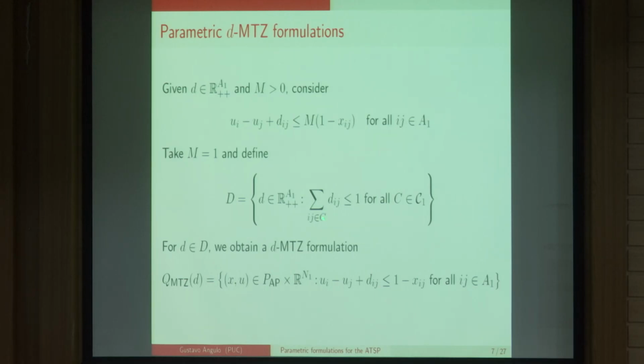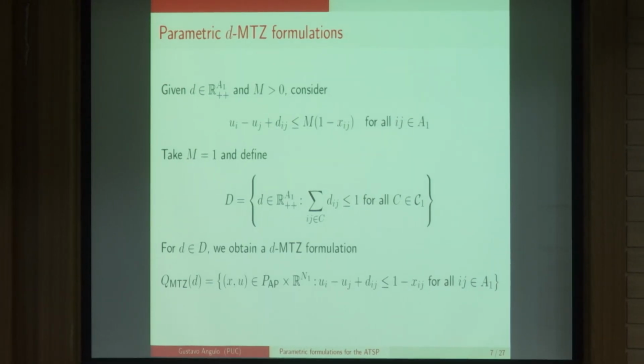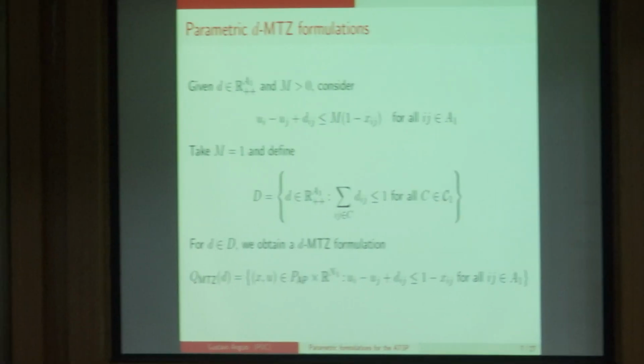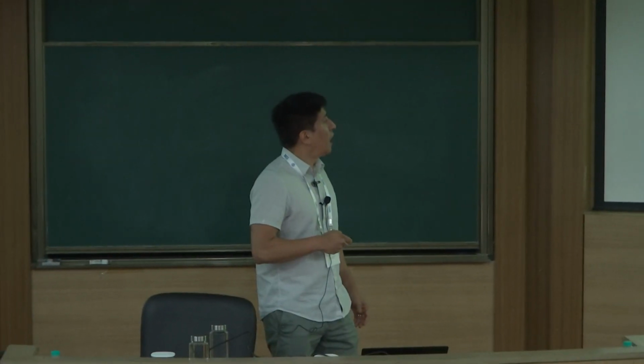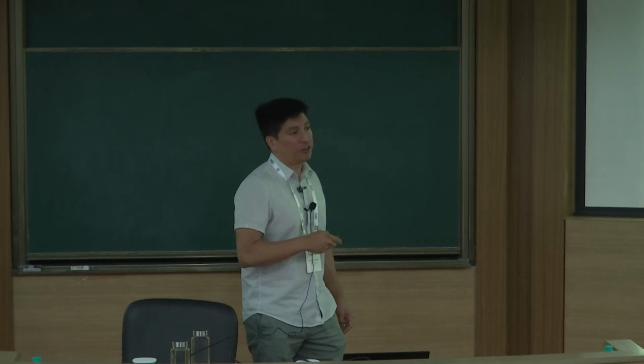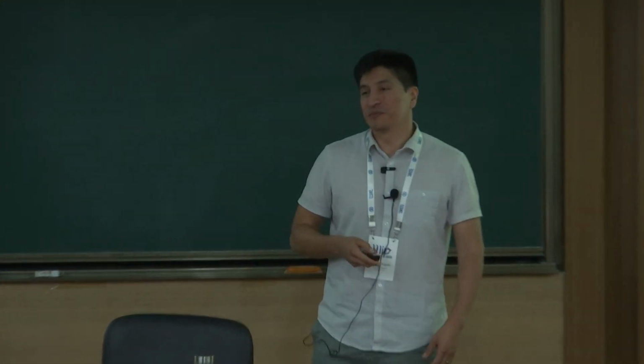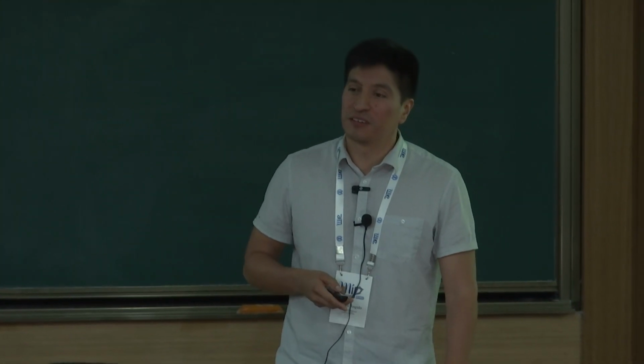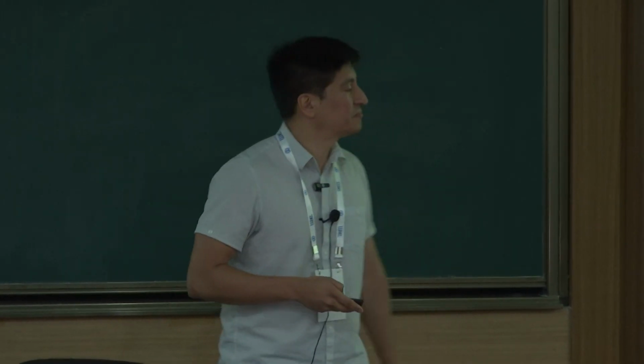What else do we know about this? All these inequalities are facet defining, and this set is full dimensional. We can get a reduction from the TSP itself, basically.